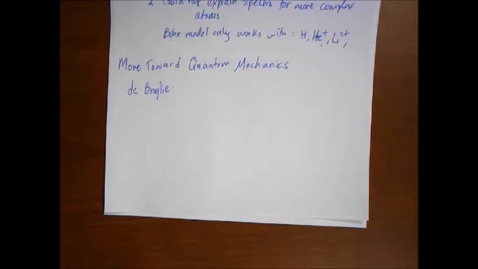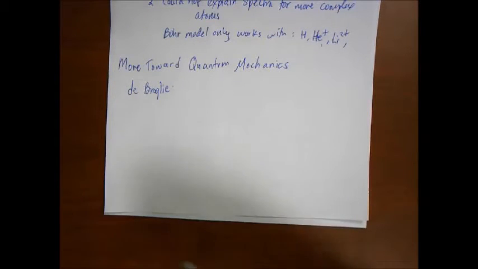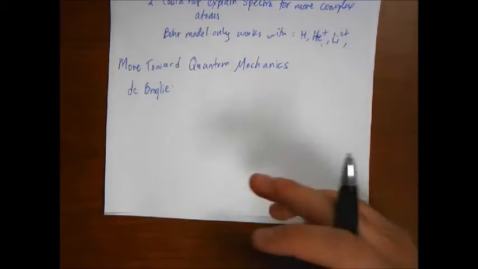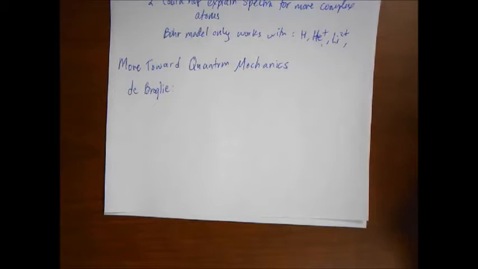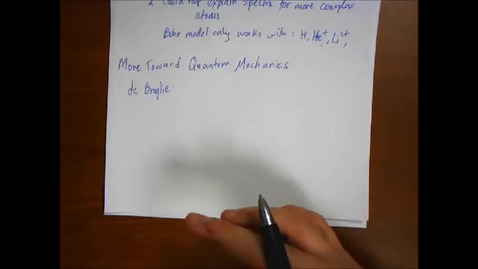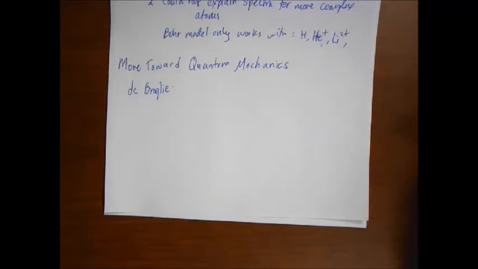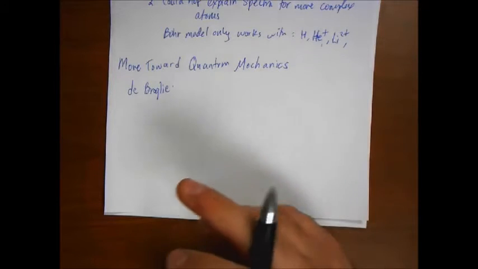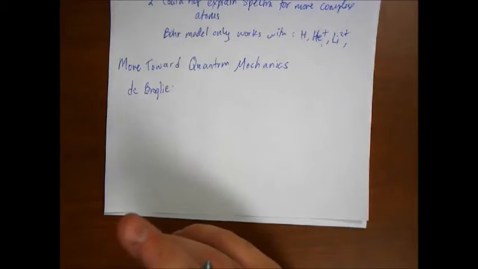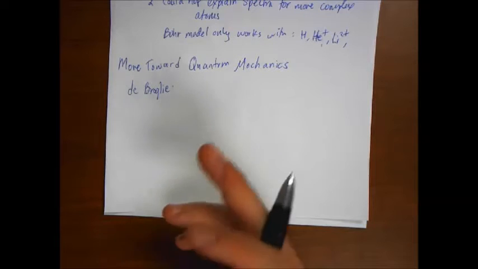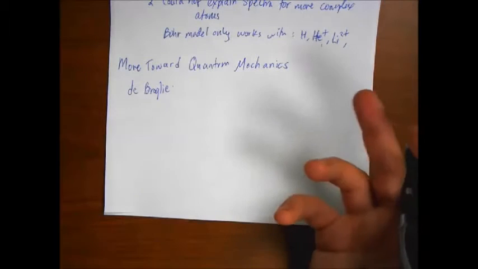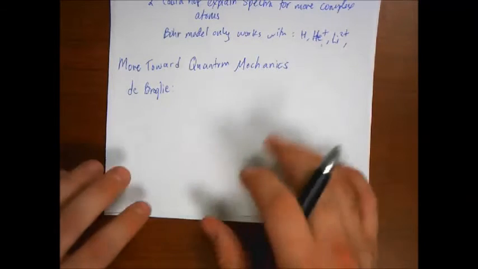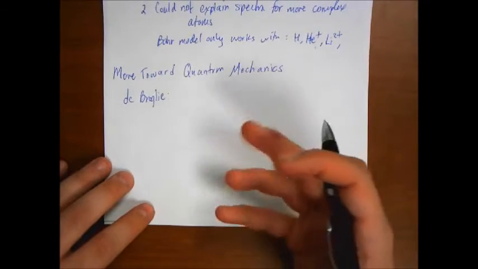So his whole theory was this idea that there's got to be a duality, because in order for waves of light to interact with matter, that must mean that matter has got to be somewhat like a wave, and light, which is a wave, has got to be somewhat like matter or particles. So that's what de Broglie's theory said.